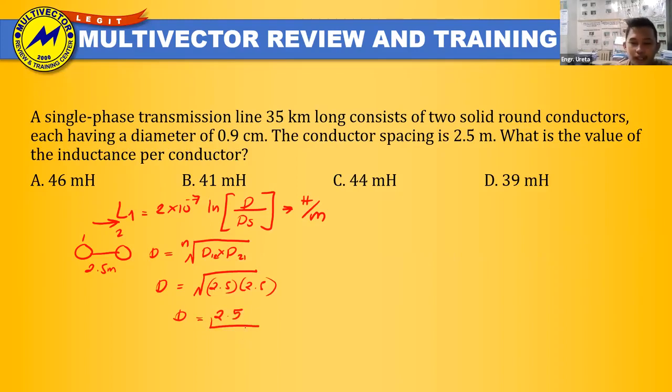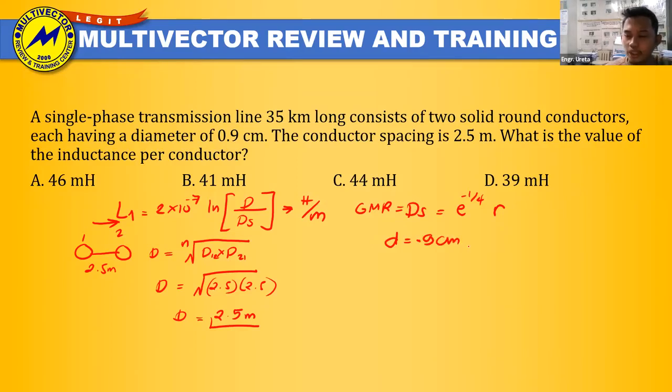So 2.5 meters. Okay, for our Ds for this particular formula is actually our geometric mean radius. Our GMR, direct formula, is just equals to e raised to negative 1/4 multiplied by the radius ng conductor. Sir, ano ba yung radius ng conductor na binigay? The diameter of conductor is 0.9 cm.